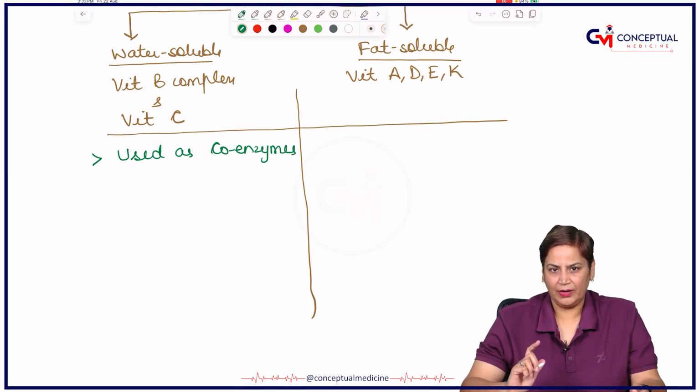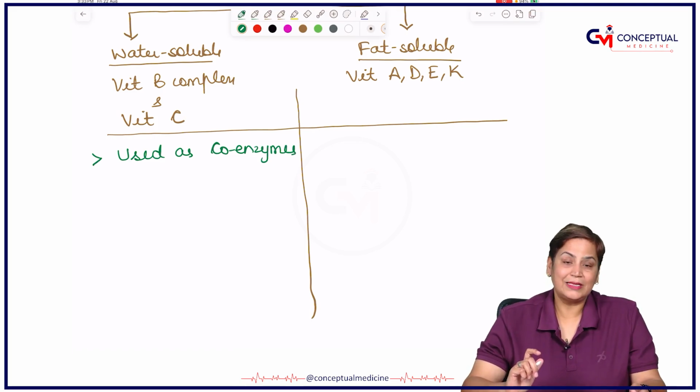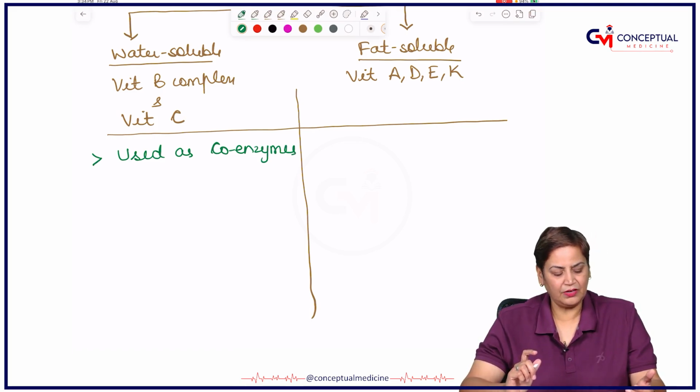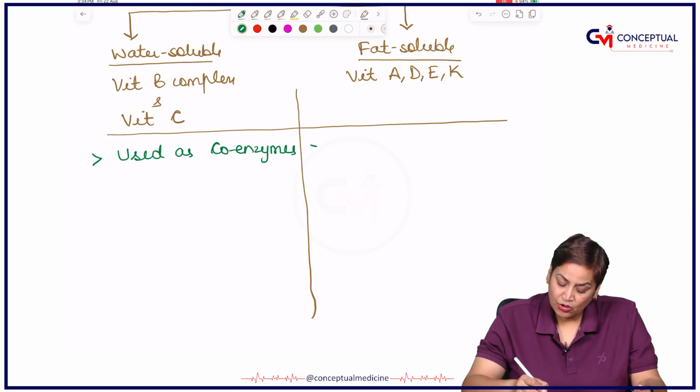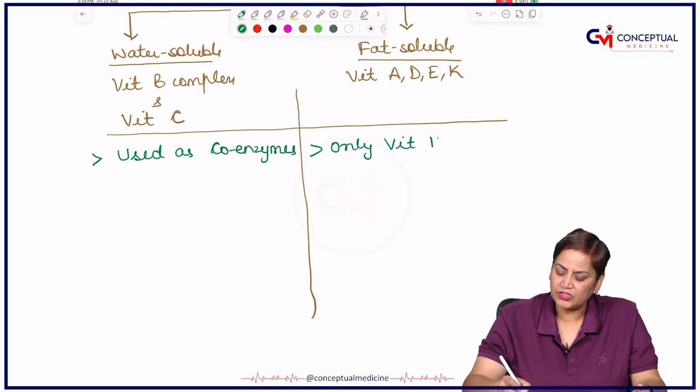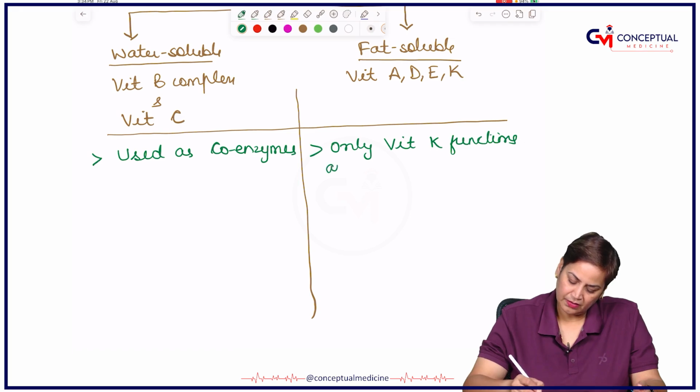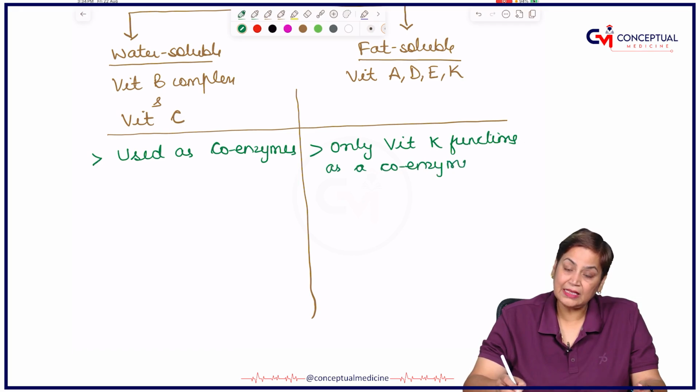The B complex vitamins are mainly used as coenzymes, whether in decarboxylation, oxidative decarboxylation, or transamination. Under fat soluble vitamins, only vitamin K functions as a coenzyme. So this is the basic difference.